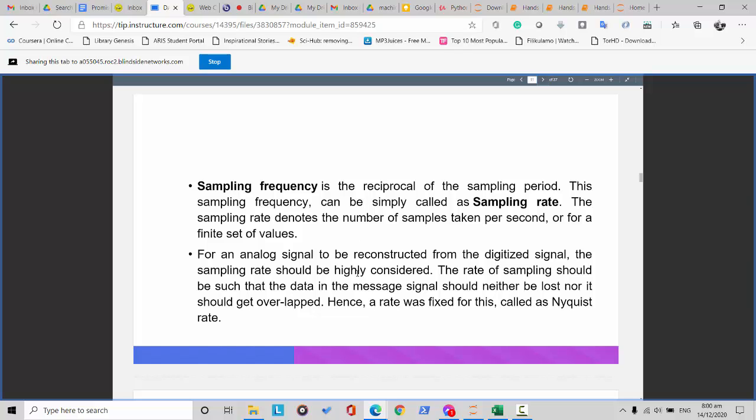For an analog signal to be reconstructed from the digitized signal, the sampling rate should be highly considered. The rate of sampling should be such that the data in the message signal should neither be lost nor overlapped. Hence a rate was fixed for this, and that rate is called the Nyquist rate, or the Nyquist frequency.